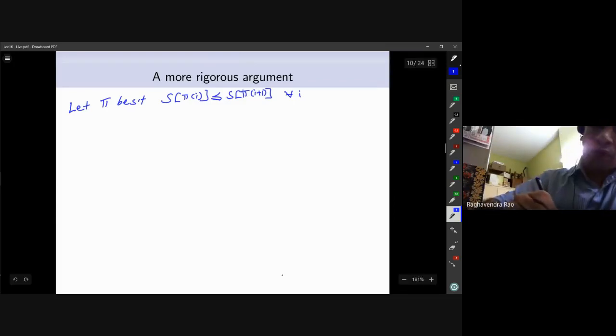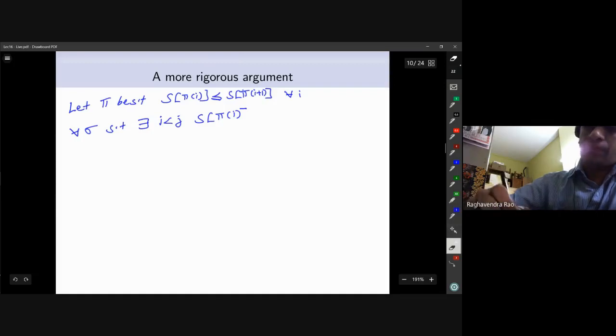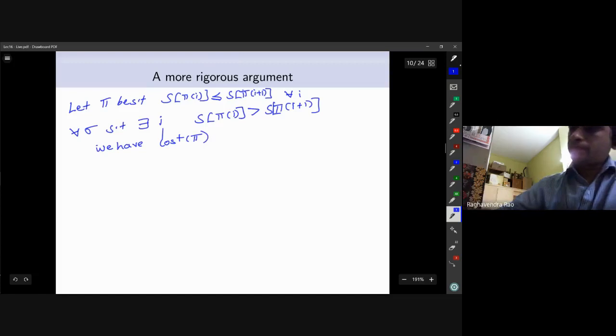For all sigma such that there exists i such that s of sigma i is greater than s of sigma i plus 1, we have cost of pi, sorry, I'm so used to using pi for permutation that I by default just write it.